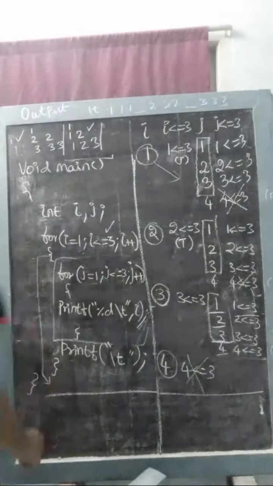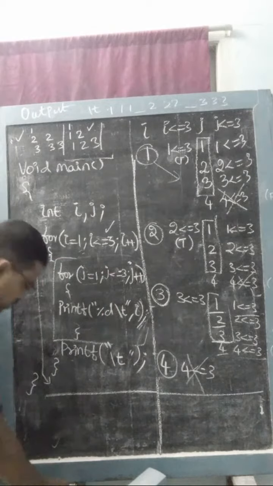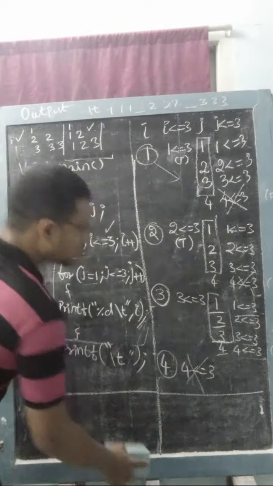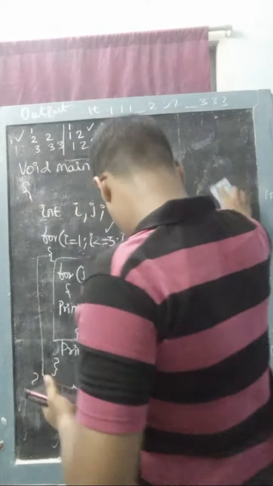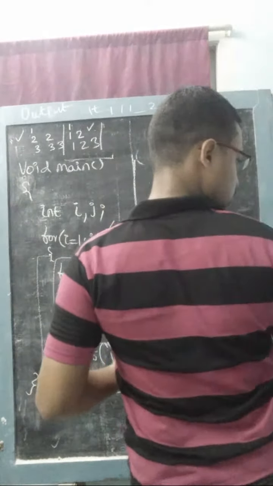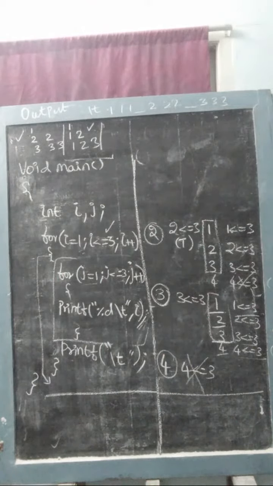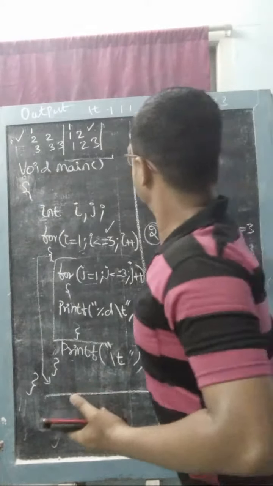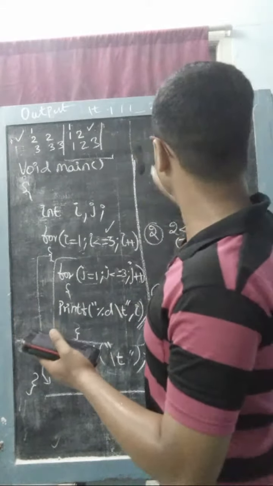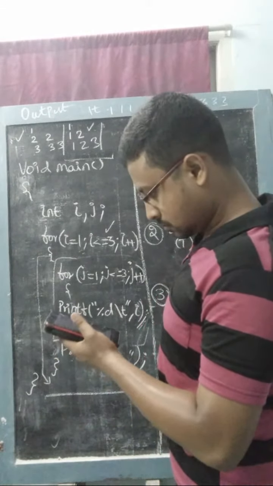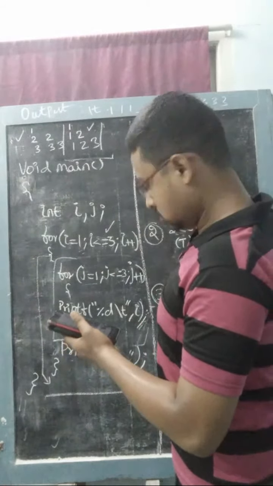Okay, Diya J is asking one question, that is System.out.println I, comma, slash t.